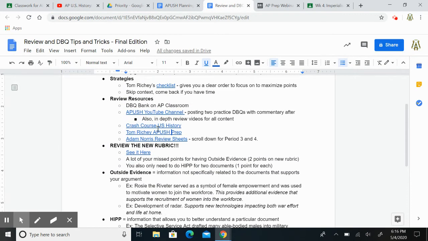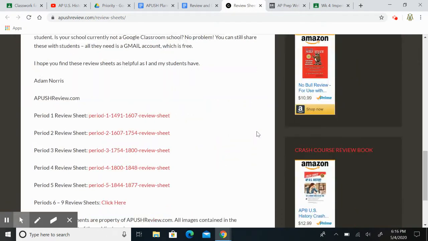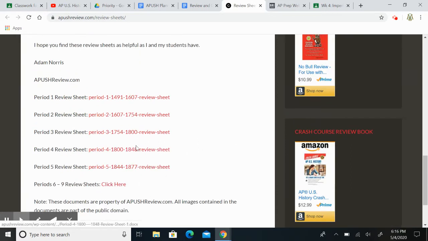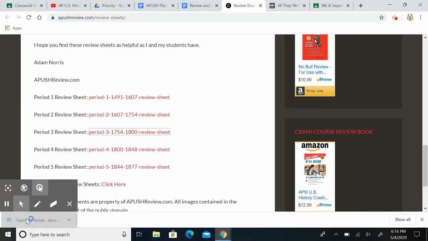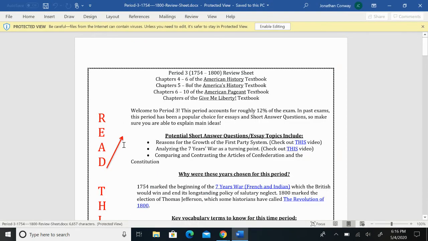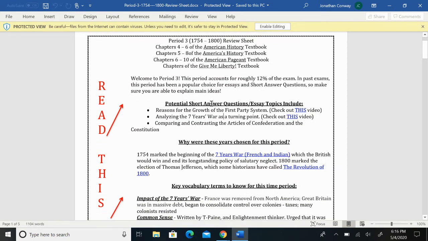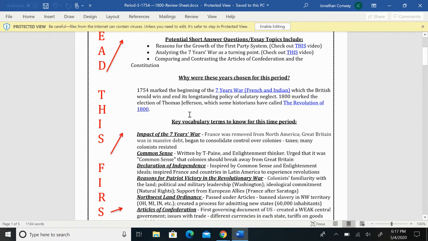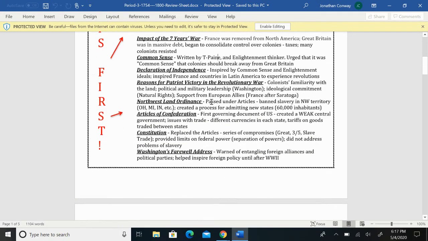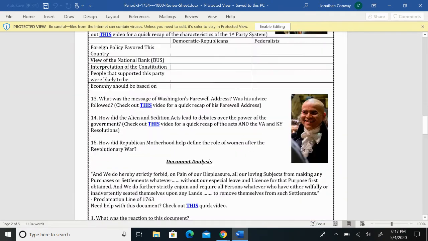Let's go here. And then if you're someone who wants to do hands-on, you want a guided review thing for you to fill out in addition to your thematic review timeline. This guy's got periods 3, 4, and 5. So you come down here, you can download it. Word doc. They give you the chapters that it matches in the textbook, some potential essay topics, which obviously we only have DBQ. This is based on a regular exam. Key vocab terms, a video, and then it has questions for you to answer.